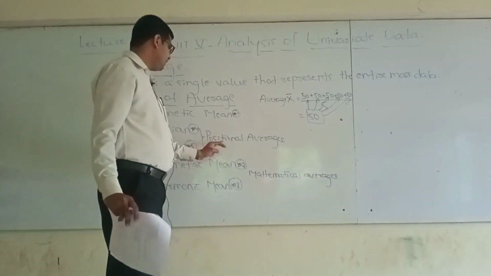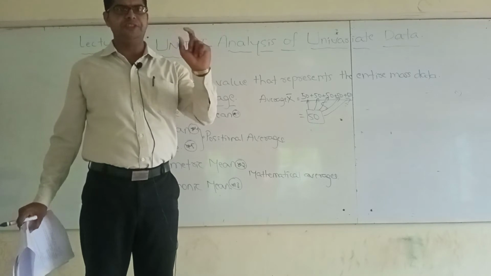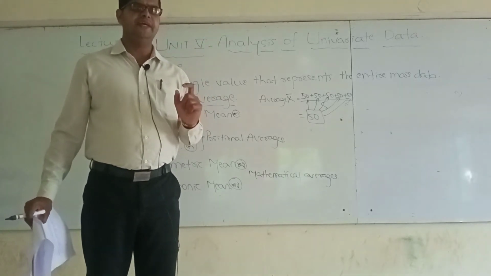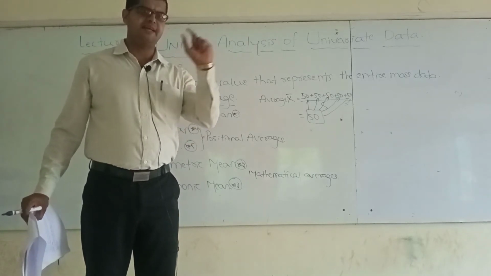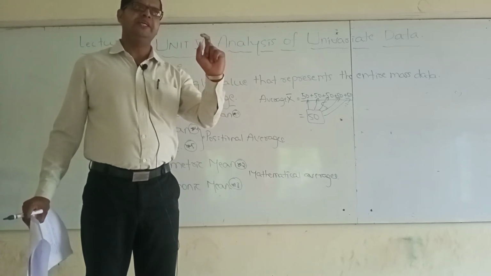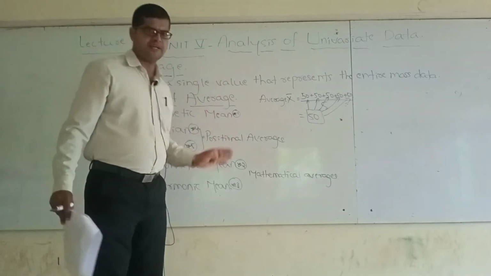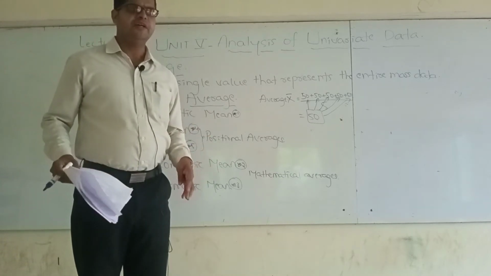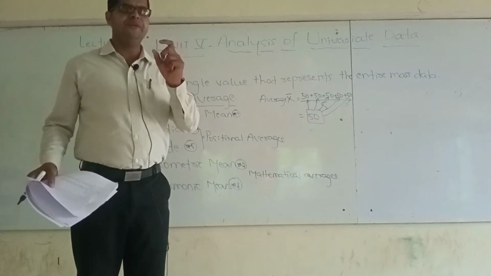Median and mode are positional averages. They show the particular position of the data, where the calculated numerical data lies. Whether it is discrete data or continuous data, grouped or ungrouped data, it shows the position of the value.